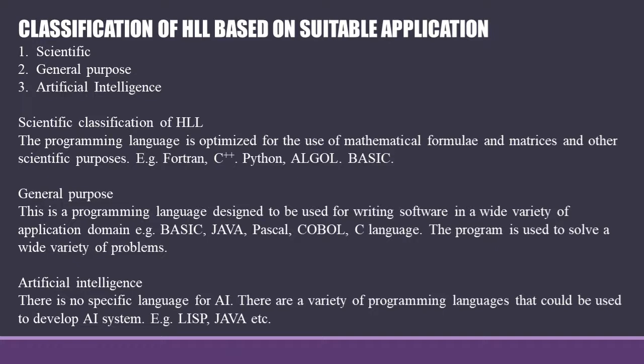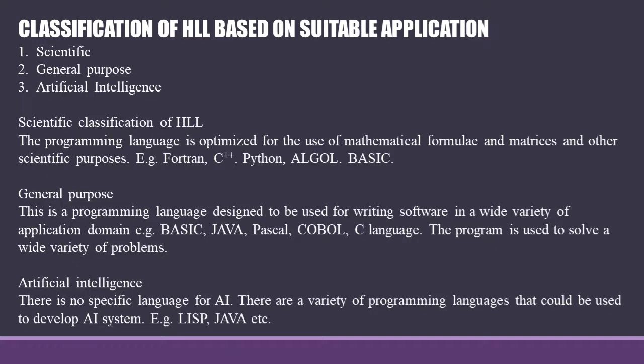The first classification is scientific, meaning it is a program that gives room for science. You can use it to solve your mathematics and every other one. The languages that can do this are the ones I put here as examples: Fortran, which I told you is formula translation, C++, Python, Algol, and Basic.